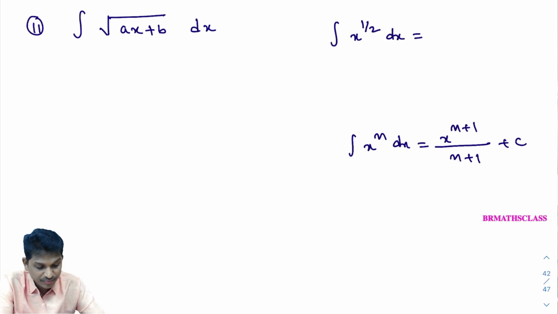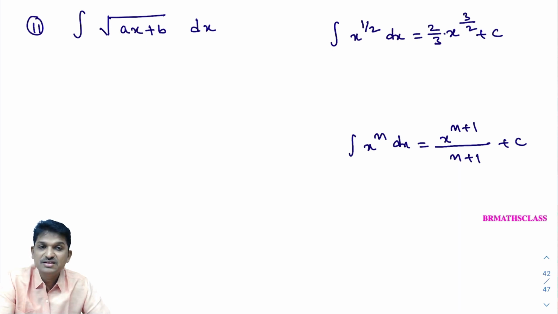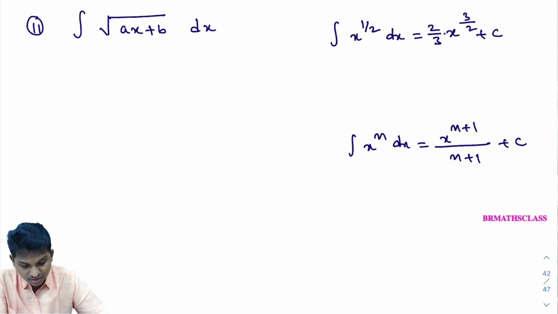Here, what answer you will get for this? x power 1 by 2 plus 1, 3 by 2, divided by 3 by 2, that is 2 by 3, plus c. I hope you understand what I written here, right? 2 by 3 into x power 3 by 2 plus c. This is what we learned in last class. Now what I am saying here, look here, in place of root, this question is there.